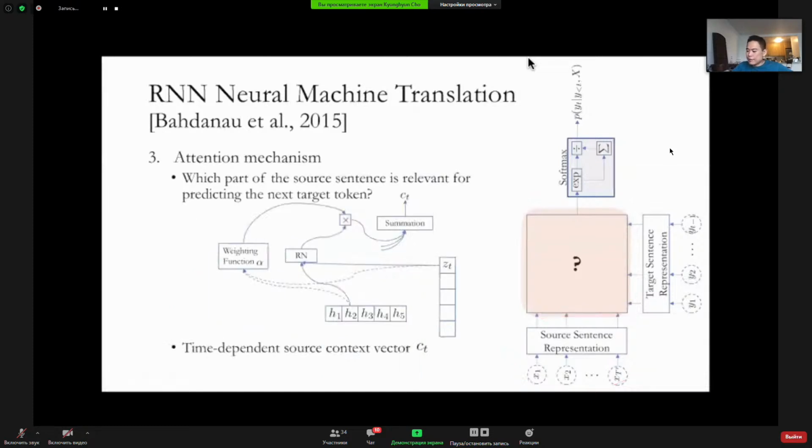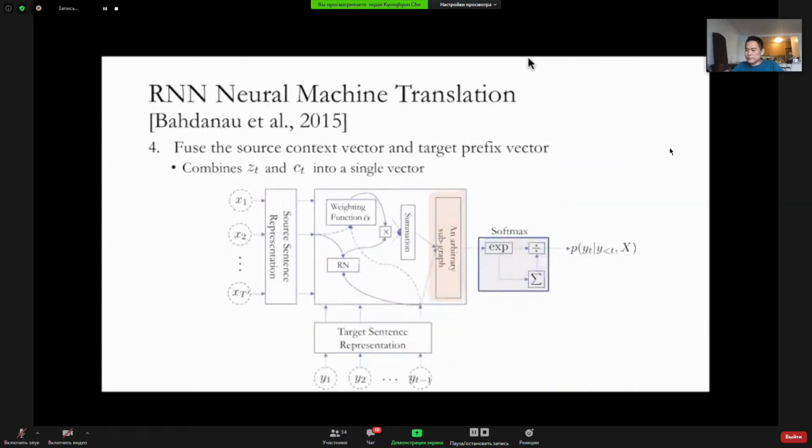Once we have the time-dependent context representation, all we need is a small directed acyclic graph that's going to turn this into a fixed-dimensional vector, which can then be used by softmax to produce the categorical distribution over the next target word. So this is the summary of what this neural net looks like.